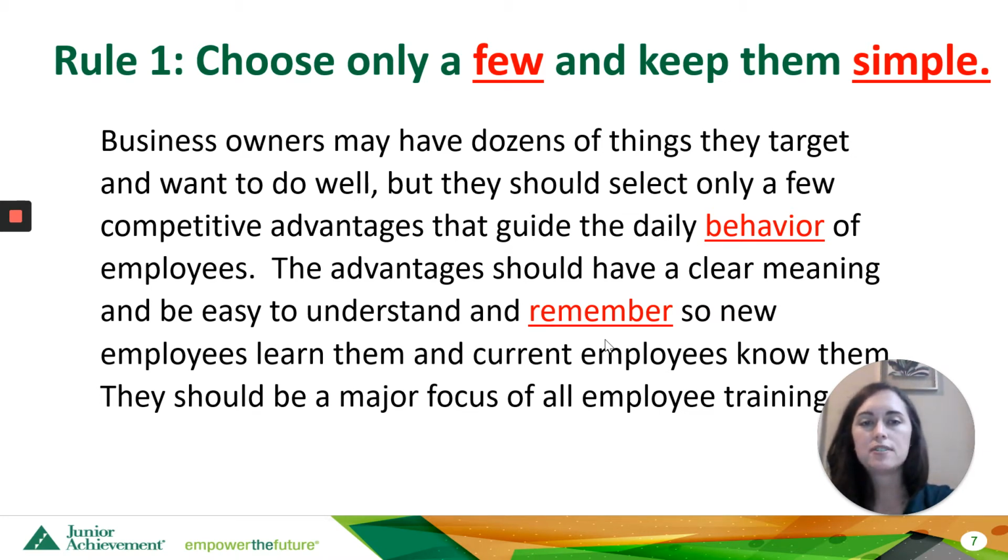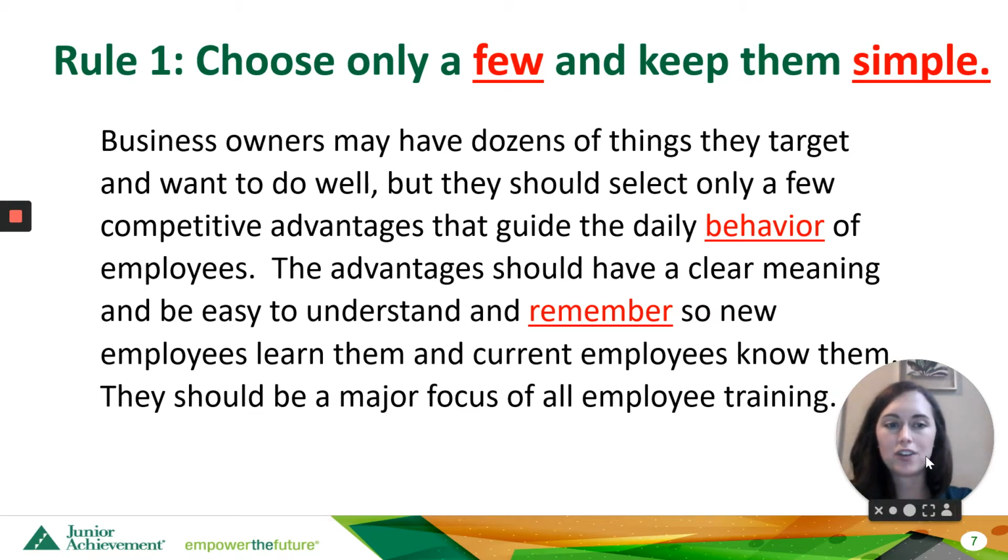These advantages should have a clear meaning and be easy to understand and remember so employees learn them and current employees know them. They should be a major focus for all employee training. So the key is if we're only picking a few and they're easy to remember, it's easy for the employees to remember them and it'll help to guide behavior. Because if you have too many, it's going to be really hard to remember all of the things that make you unique.